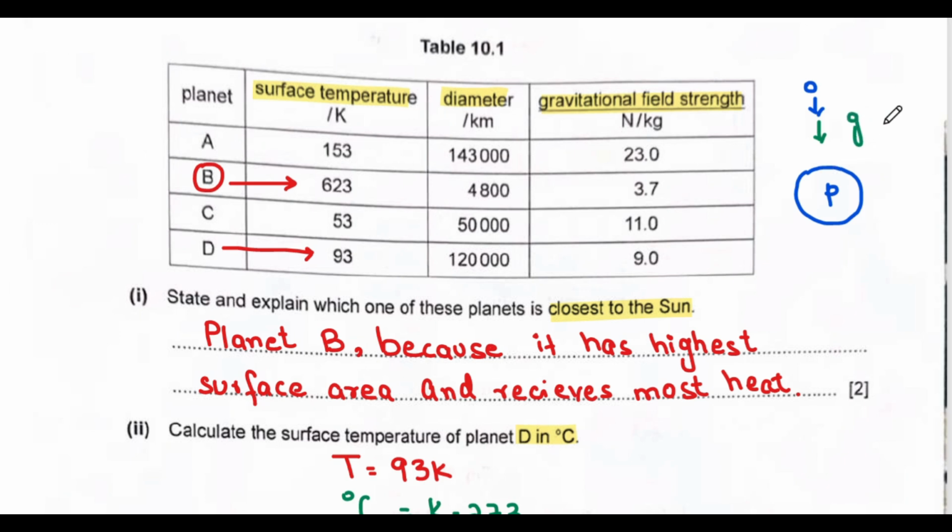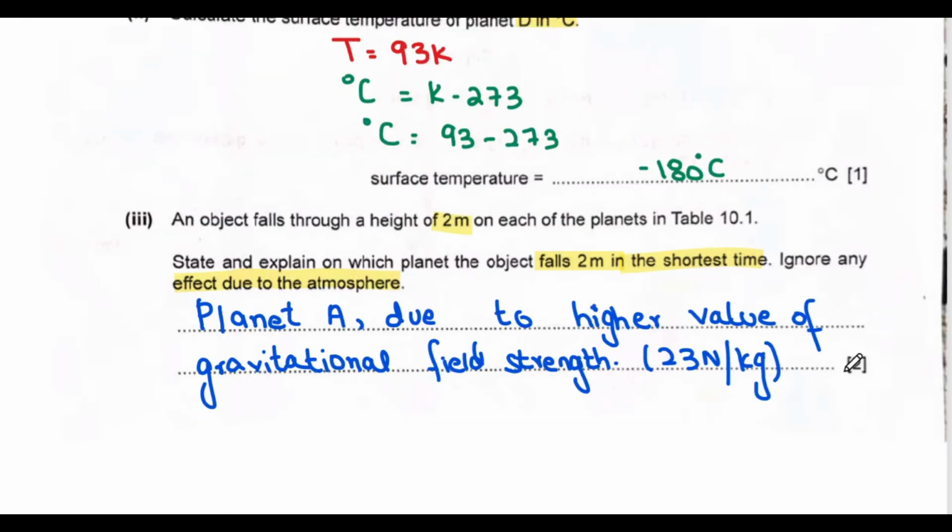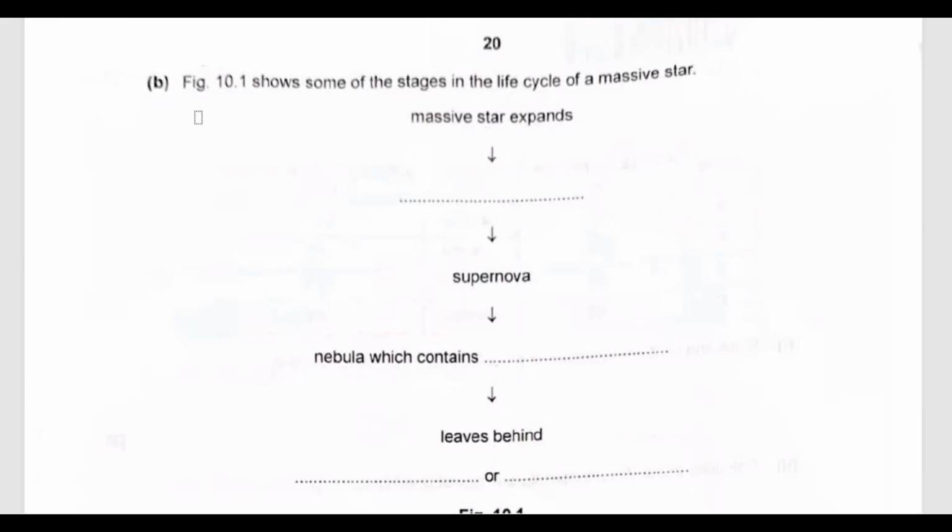The greater the gravitational attraction, the greater the acceleration towards the planet. So planet A has the greatest gravitational field strength, which is 23, so it will take the least time. Planet A, due to the higher value of gravitational field strength, which is 23 newton per kg.